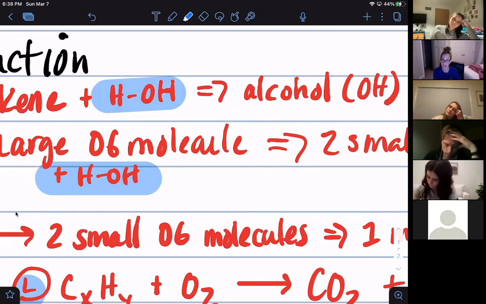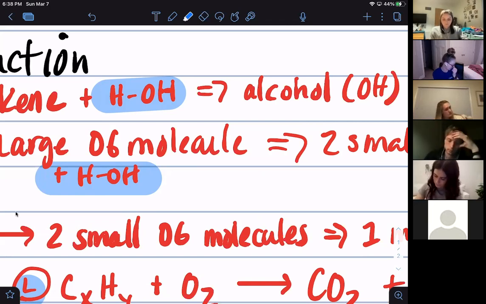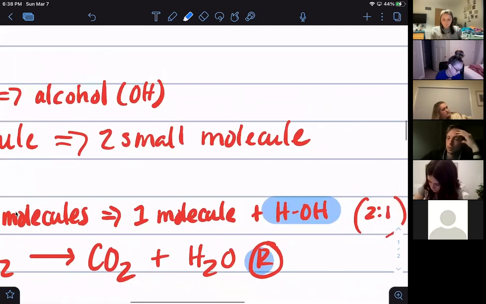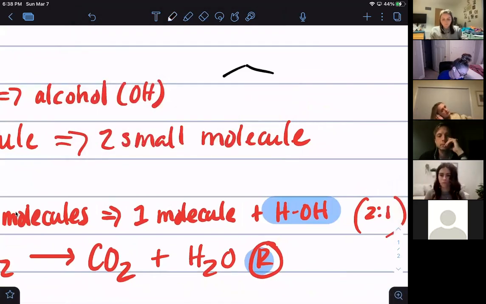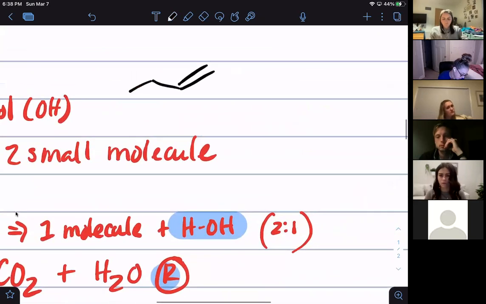So basically, I'm adding hydrogens to those. When I remove the double bond, I'm adding something there, removing something, and I'm going to be making an alcohol, okay? Because when we remove electrons, do we get more positive or more negative? More positive. Right, so this is going to be like this.